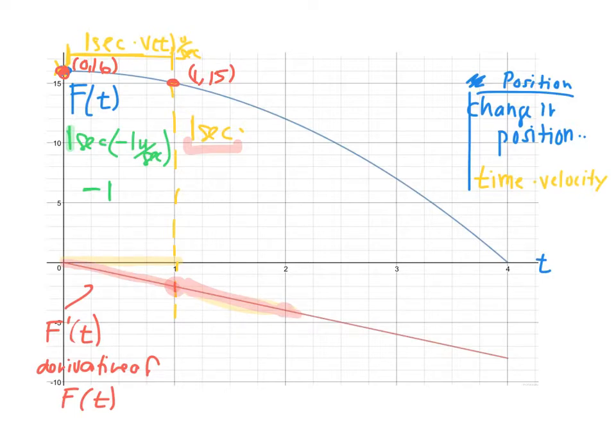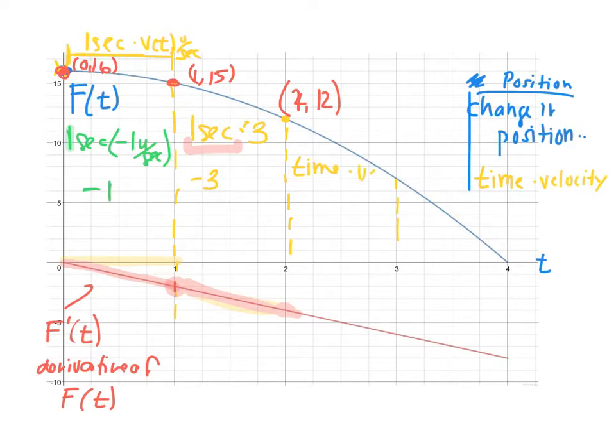So I could just average it out and say over that second, my velocity was -3. So I got a distance of -3 less than where I was, which makes sense to me, right? Because right here, after the next second, I'm at the point 2, 12.